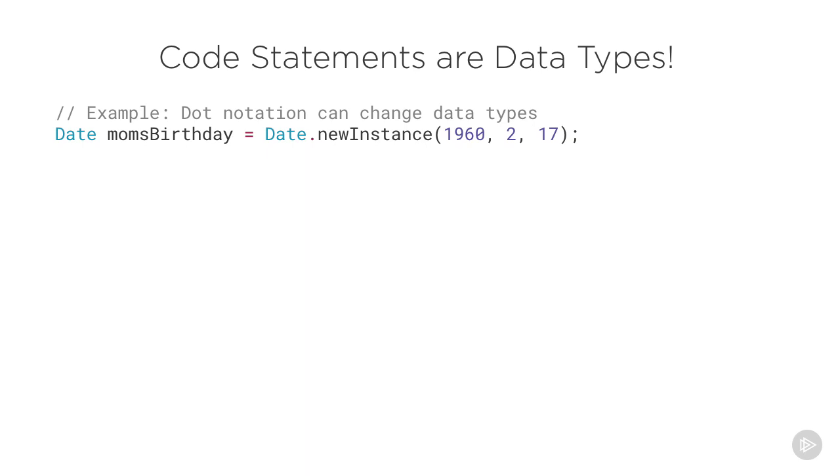Next, I'm going to run a few code statements to illustrate that the result of the code statement is an instance of a data type. First, I'm adding 10 years to my mom's birthday using dot notation and the addYears instance method. The output of this is an instance of a date data type.